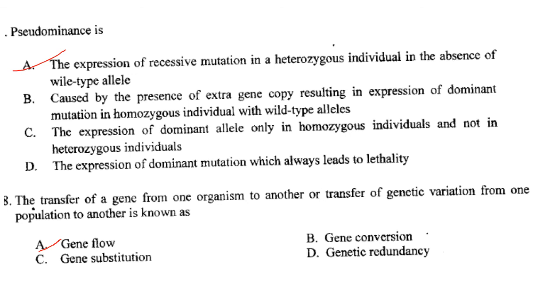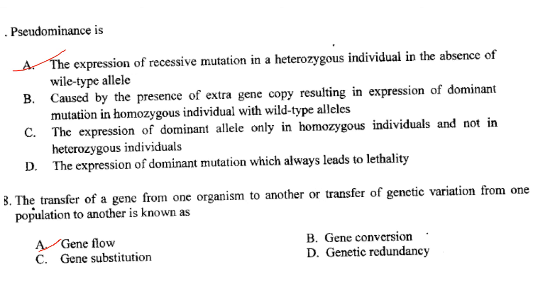Answer is option A. Gene conversion is the process by which one DNA sequence replaces a homologous sequence so that the sequences become identical after the conversion event. Then gene substitution is a type of mutation where one base pair is replaced by a different base pair. And gene redundancy is a term usually used to describe situations where a given biochemical function is redundantly encoded by 2 or more genes.